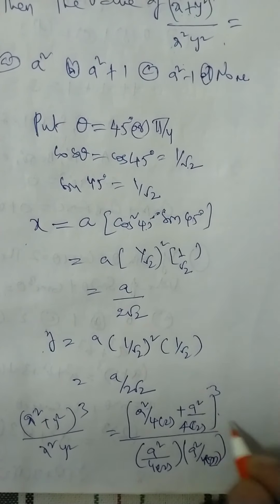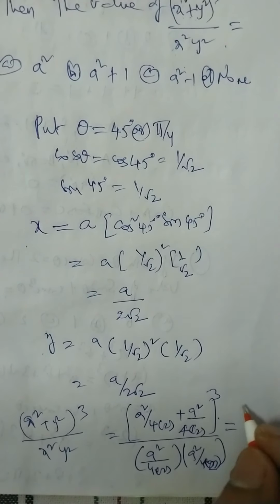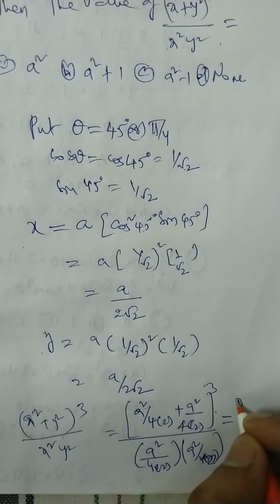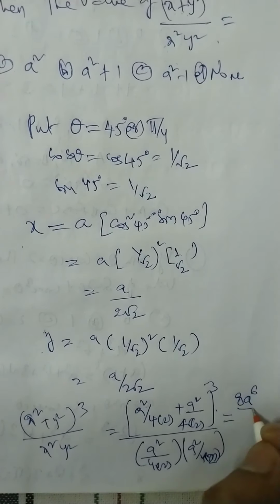Simplifying this expression, the LCM in the numerator is 8: a square + a square is 2a square, cube is there, so we get 8a to the power 6 by 8, and in the denominator a power 4 by 8 by 8, that is 64.